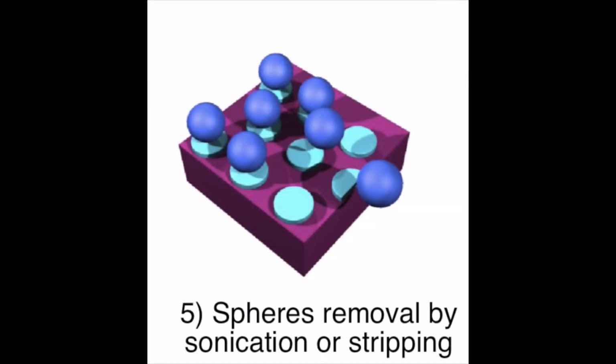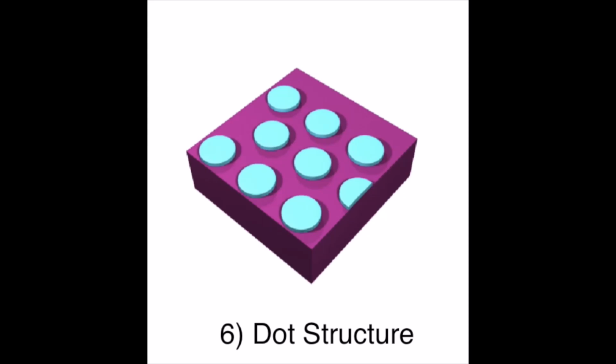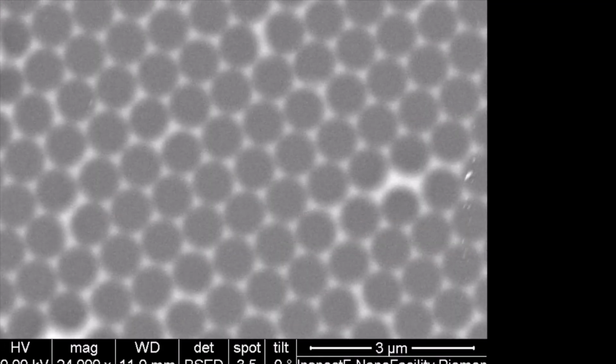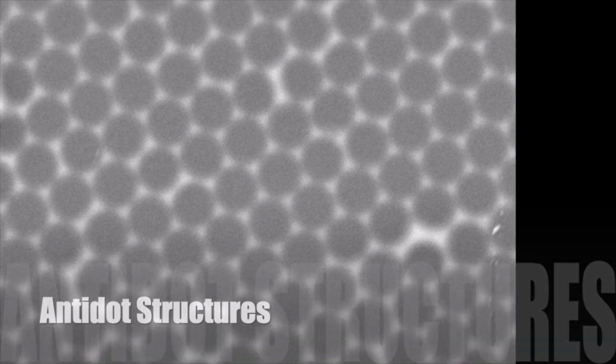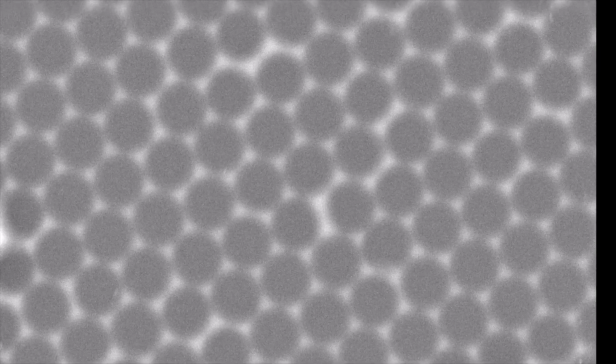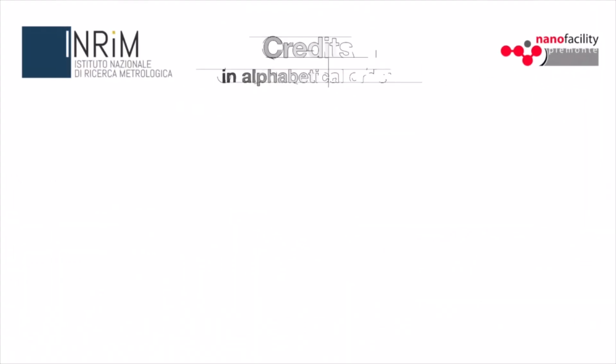The deformed nanospheres are detached to end up with a dotted structure. Freestanding nanodisks can also be obtained. By inverting the first two steps of the process, antidot arrays can be easily designed.